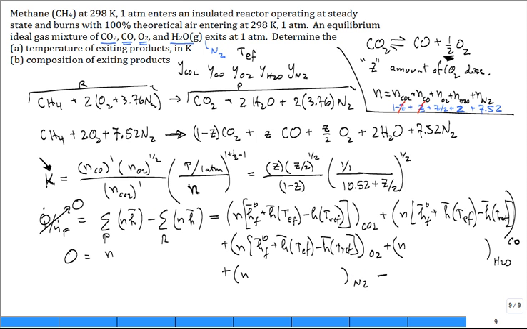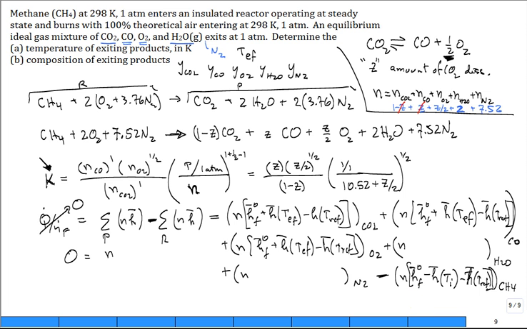Now we finally get to the minus for the reactants. For our reactants, we had N times the enthalpy of formation plus the enthalpy of the incoming temperature minus the enthalpy at the reference temperature. Put a bracket and a bracket. And the first reactant is CH4.